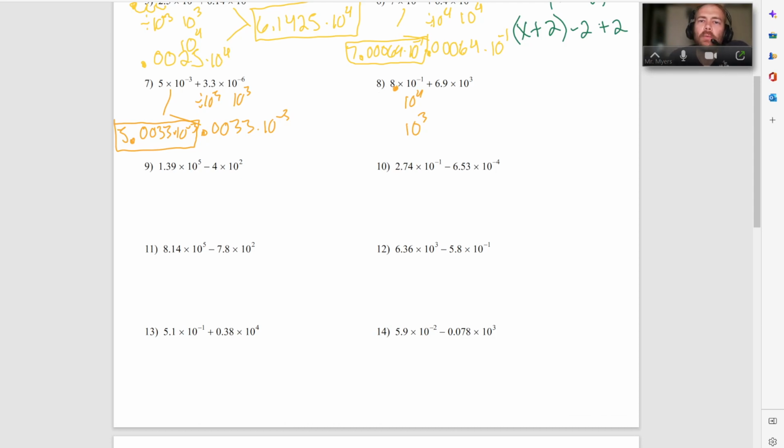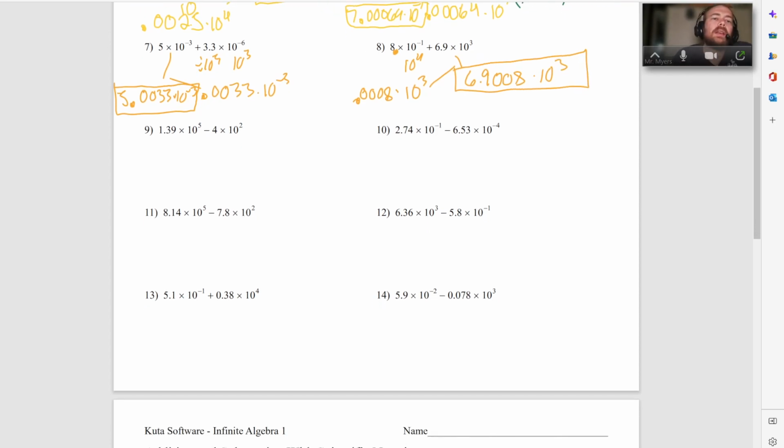Okay, so 3 spaces, 4 spaces, right, 10 to the fourth. So 4 spaces, 3 zeros, 1, 2, 3 zeros. Okay, and then we put those together. So 6.9008, 10 to the third, and et voila. Okay, now we're subtracting.